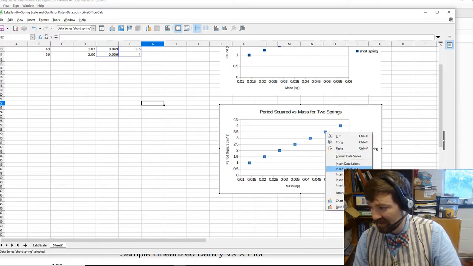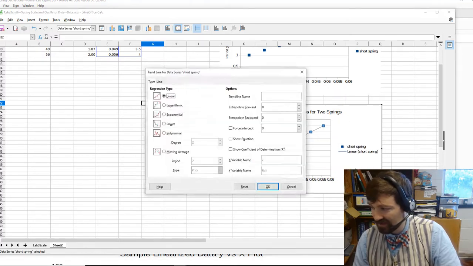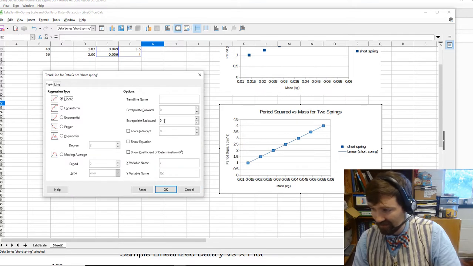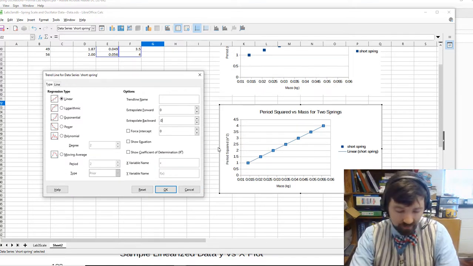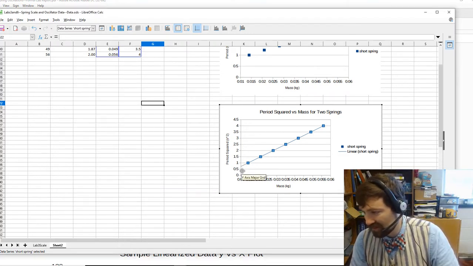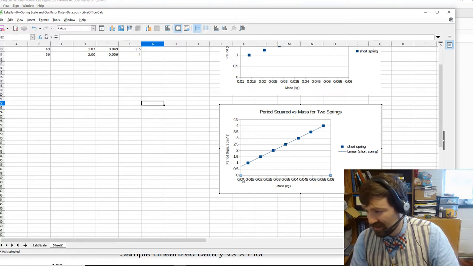I can go in, I can add my trend line. Maybe I extrapolate it backwards by however much, like 14 grams or 0.014 grams backwards, so it goes through the origin.